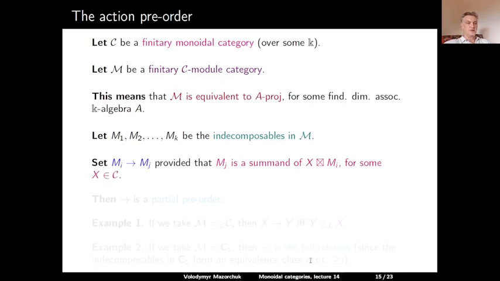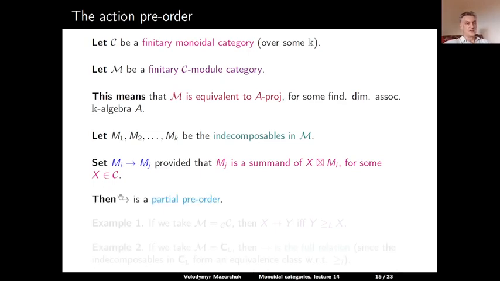Let us denote by Mi → Mj the following fact: that Mj is a summand of Mi tensored upon it by some object x in C. So we can go from Mi by arrow to Mj if we can act on Mi by some object in C and get Mj as a direct summand.